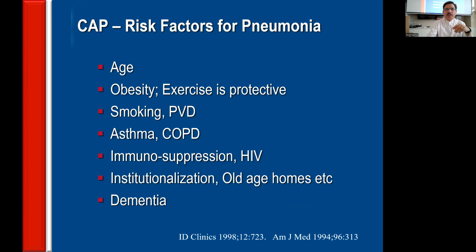Now, what are the predisposing factors or risk factors for pneumonia? A very important predictor is, yes, the person is elderly; he is more prone to pneumonia. Second is obesity. People who exercise are protected from pneumonia. People who are sedentary, obese, why? Why does obesity predispose to pneumonia?